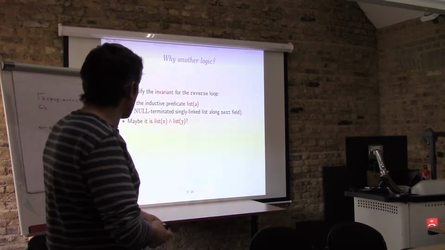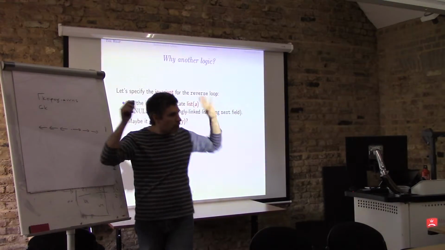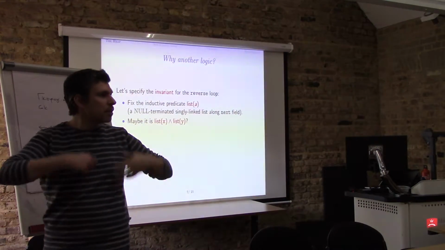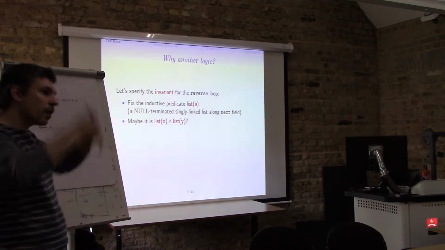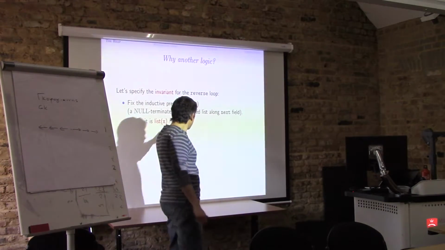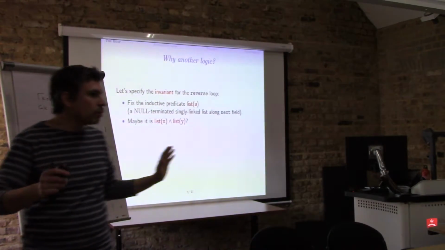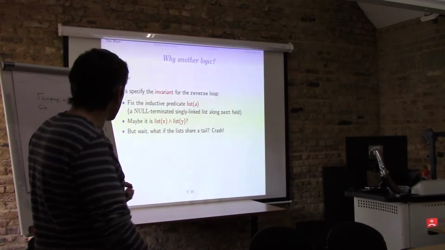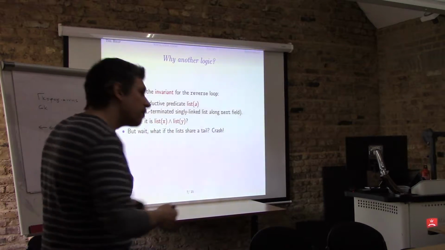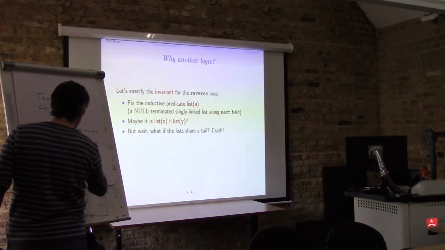But here we're seeing this formula in isolation, right? We don't know what has happened before. We just know that this is the invariant for our loop. So we assume that any possible state that satisfies this formula is a possible starting state for our loop. And now the problem is, what if the two lists are sharing a tail?